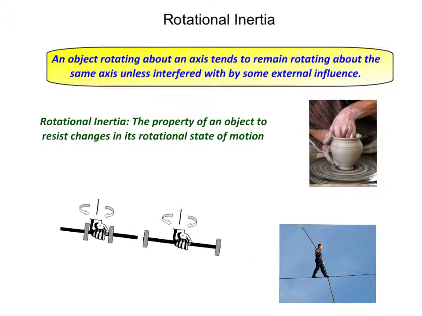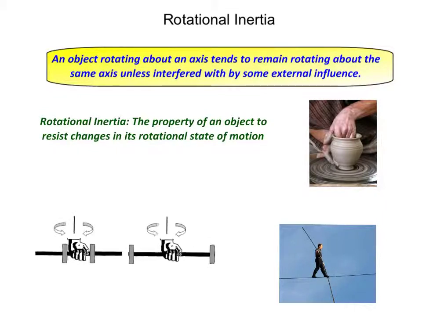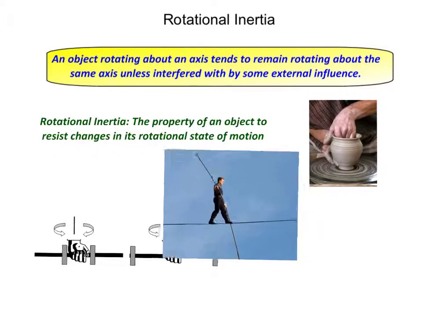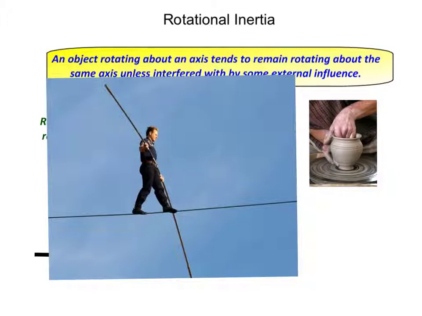Now, the greater the rotational inertia of an object, the greater the difficulty in changing its rotational state. This fact is used by a tightrope walker who carries a long pole to aid in balance. Much of the mass of the pole is far away from the axis of rotation at its midpoint right here.